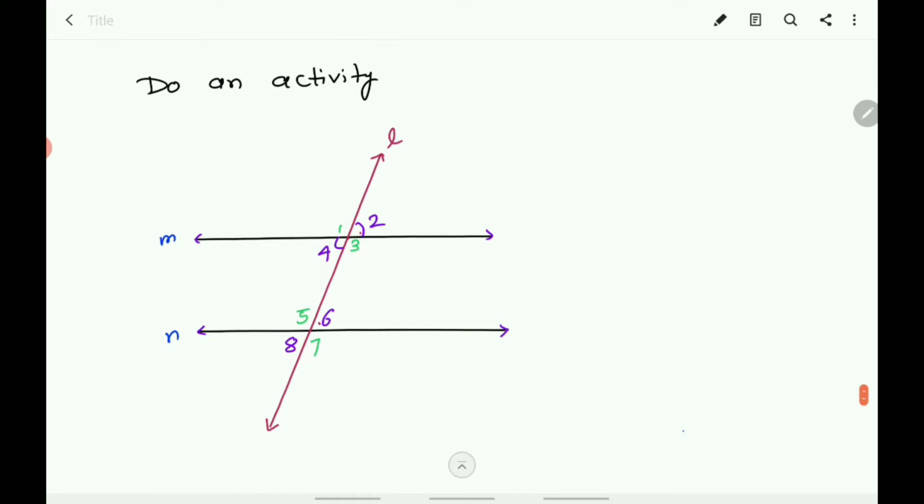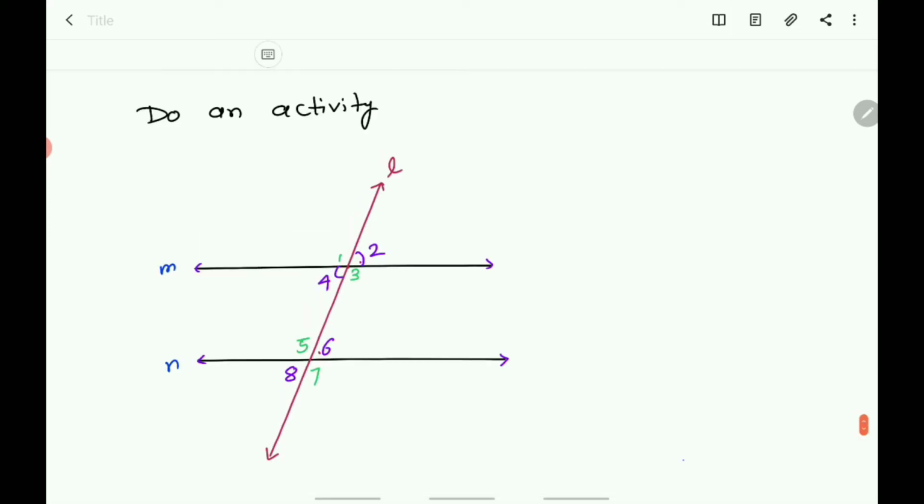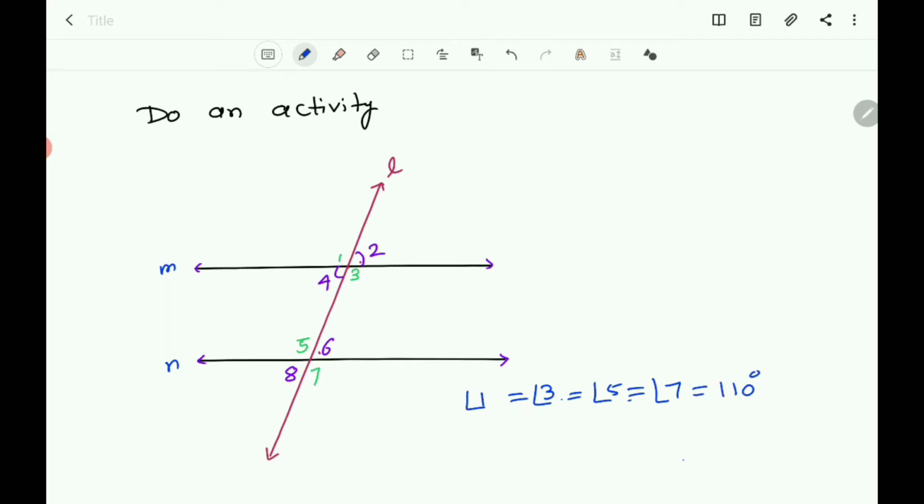Angle 1, angle 3, angle 5 and angle 7, all these are equal and their measurement is 110 degrees.